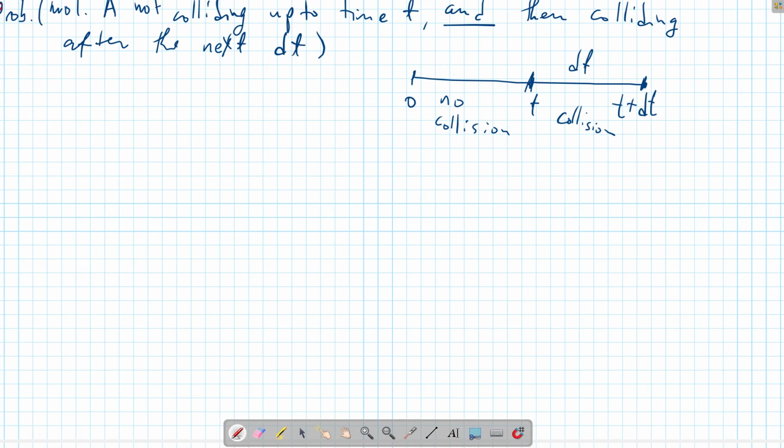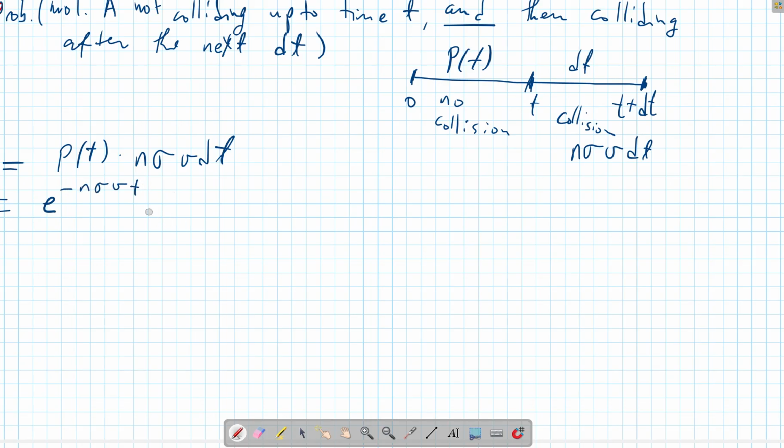The probability of no collision, remember, is p(t), and the probability that there is going to be a collision is n sigma v dt. So the two together, the probability of this and that, is the product: p(t) times n sigma v dt. We know what p(t) is. This is e to the minus n sigma v t times n sigma v dt.